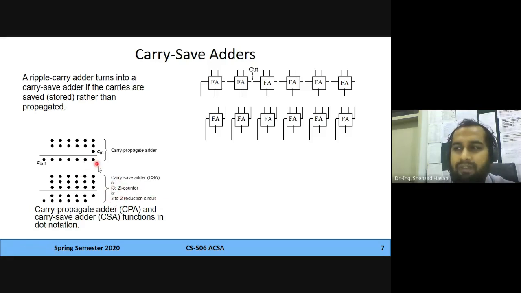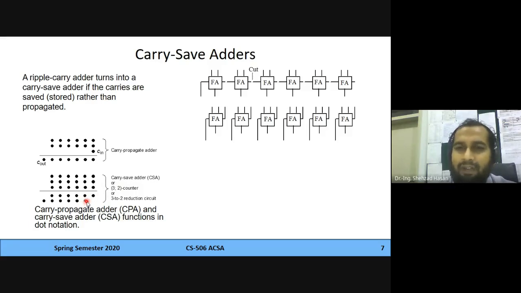So what happens is at each level, you are having 3 inputs, right? So the 3 inputs are going to give you 2 outputs. Now, one of those outputs is at that level. The other one is actually for the next level. So we show it like this. For 3 inputs, we are going to show that it's going to give one result over here, at that level, and the second one at another level.